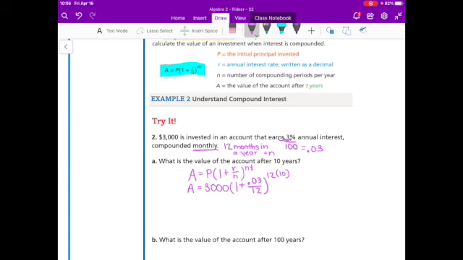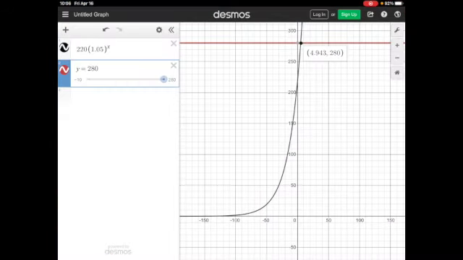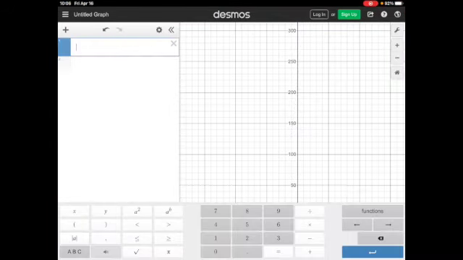Okay. Then I'm going to use a calculator because I'm not trying to do all of that on my own. I can open up Desmos. 3,000 parenthesis 1 plus 0.03 divided by 12. This part's no problem. So if you kind of zoned out on me, please watch what I do next.